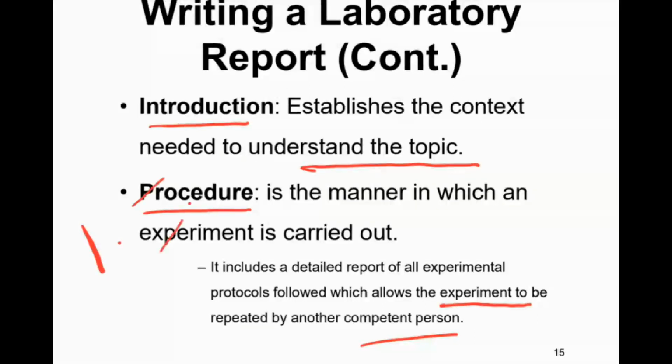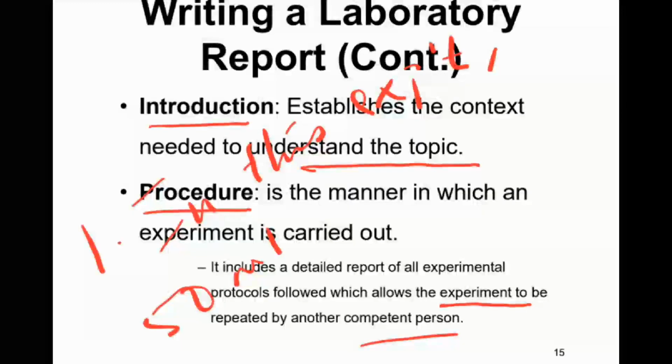For example, you could write procedure. In this experiment, you don't have to write the subject because it's known that you are the one who is doing the experiment. So avoid using subjects. Suppose you took 50 ml of water.